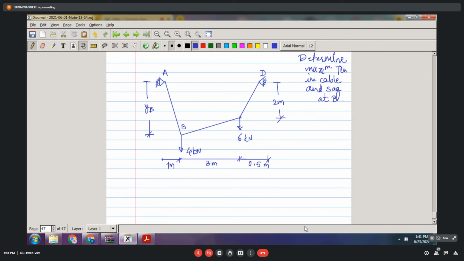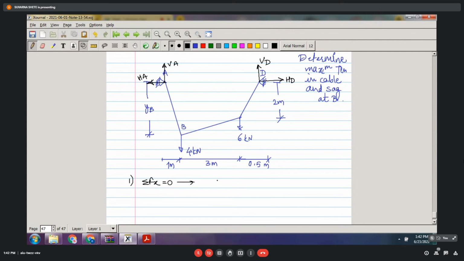Yes, ma'am. We have less time, so let's solve it fast. Summation Fx equal to 0 will give you... Now this cable segment, to carry this tension, will have horizontal and vertically upward support reactions HA and VA. Here it will be rightward and upward to balance this cable segment, that is VD and HD.